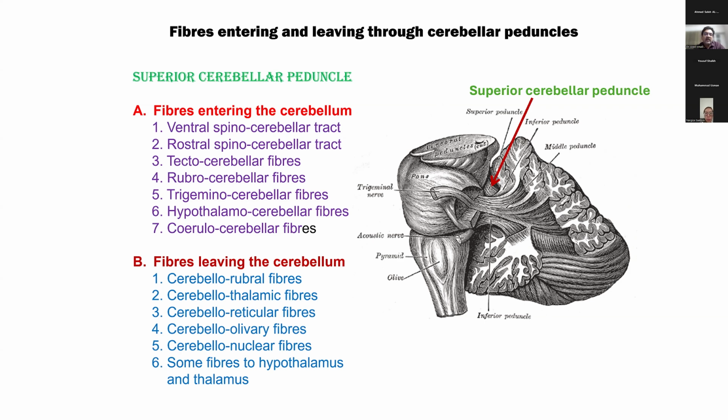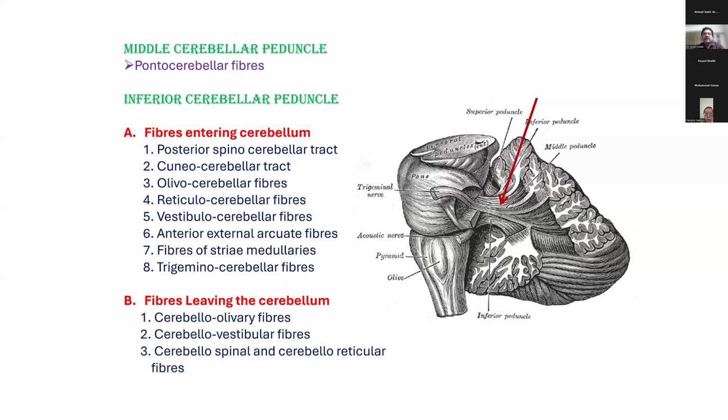These are all the fibers which are passing through the superior cerebellar peduncle. The fibers A are entering into the cerebellum, and the fibers B are leaving the cerebellum. In the middle cerebellar peduncle, the most common ones are the pontocerebellar fibers. They cross the midline, arise from the contralateral side of the hemisphere, and go into the contralateral middle cerebellar peduncle.